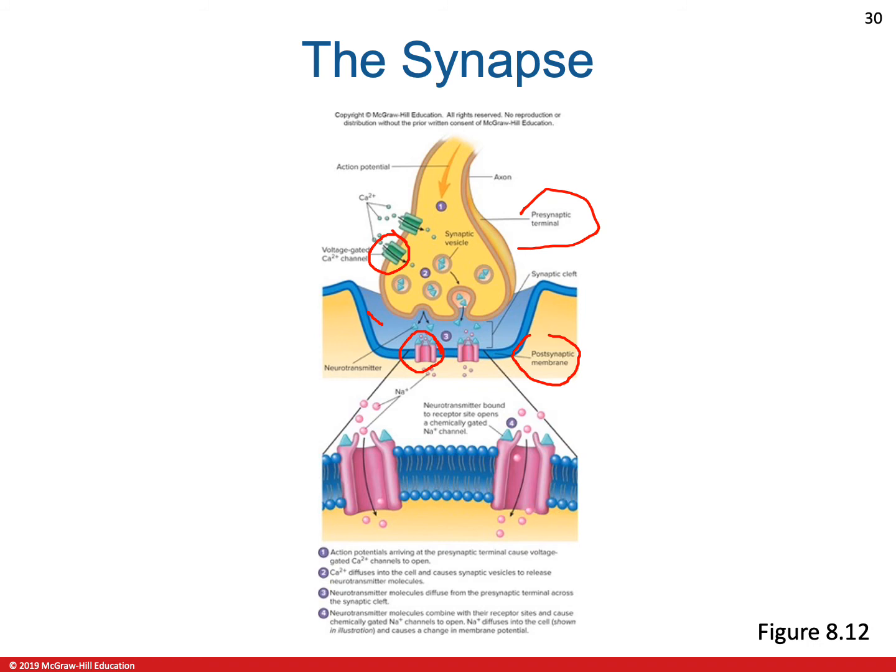Neurotransmitters do not normally remain in the synaptic cleft. You know that they can either be broken down by an enzyme, your acetylcholinesterase. After breaking it down, it will be sent back to the presynaptic terminal for reuse.